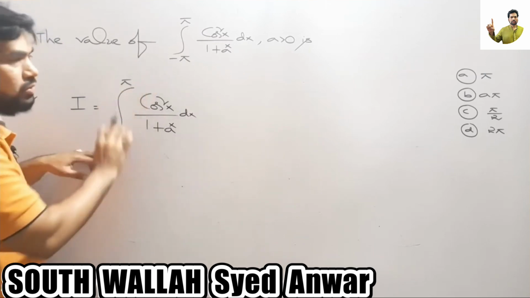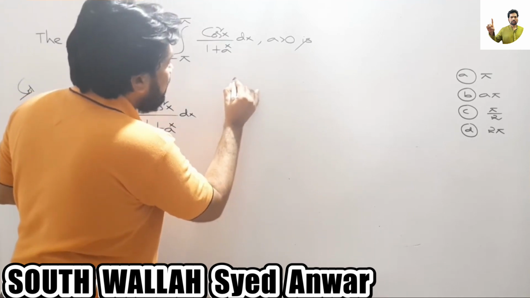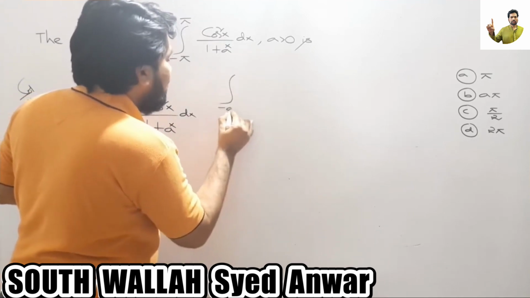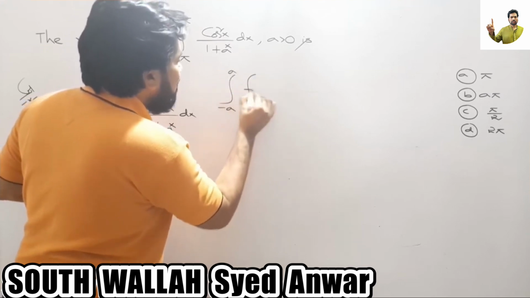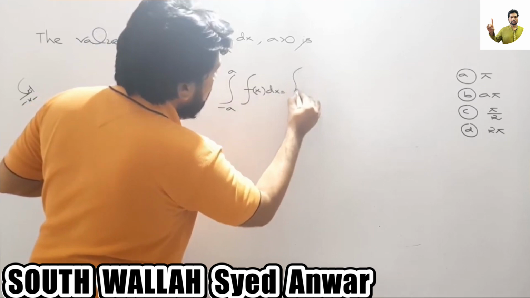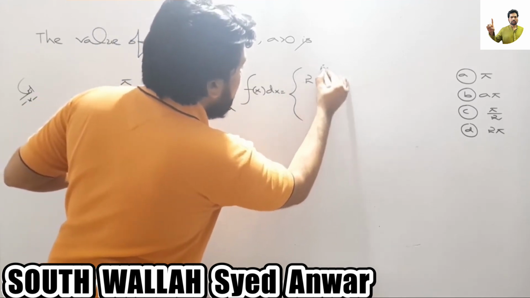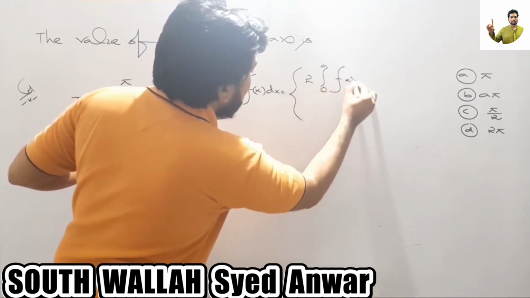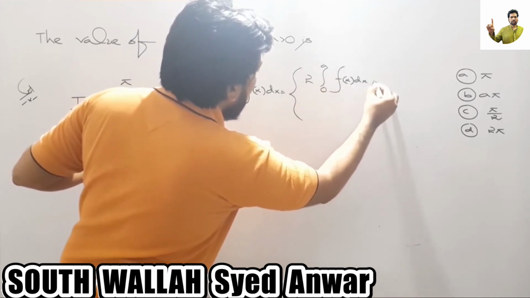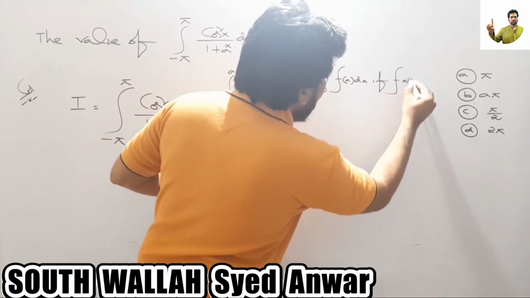The limits are of the form minus a to a. So for minus a to a, we have to recollect this property. Integral from minus a to a of f of x dx is equal to 2 times integral from 0 to a of f of x dx, if f of x is an even function.